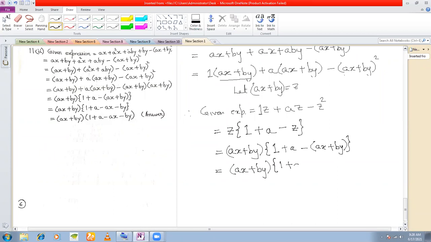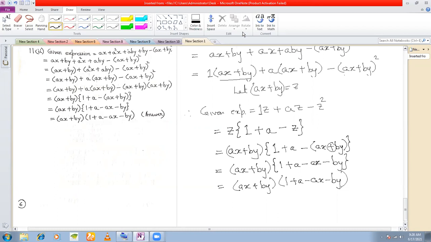So you have 1 plus a minus ax, because you're opening the bracket, this plus sign will change to a minus sign. So you are left with (ax plus by) into (1 plus a minus ax minus by). Therefore, these are the two factors. So that is what grouping of terms is all about.